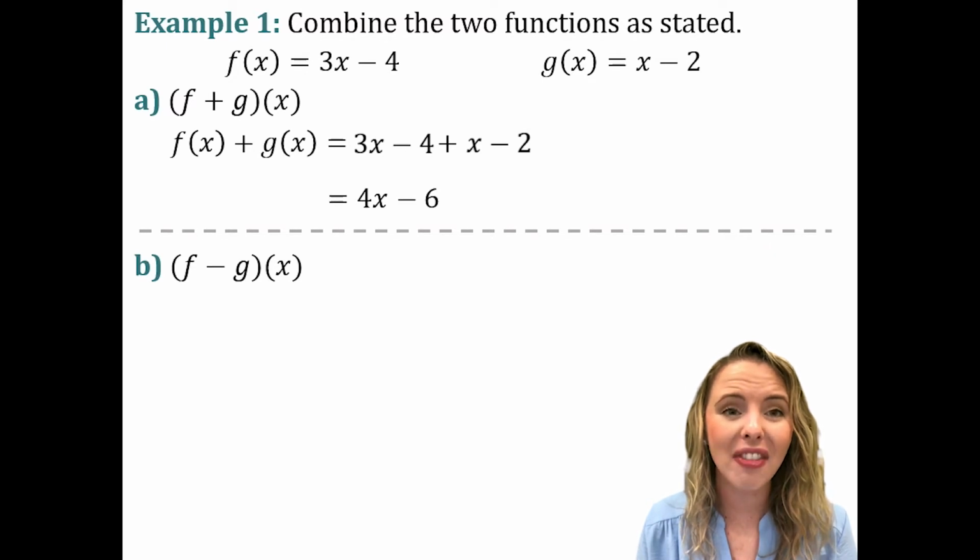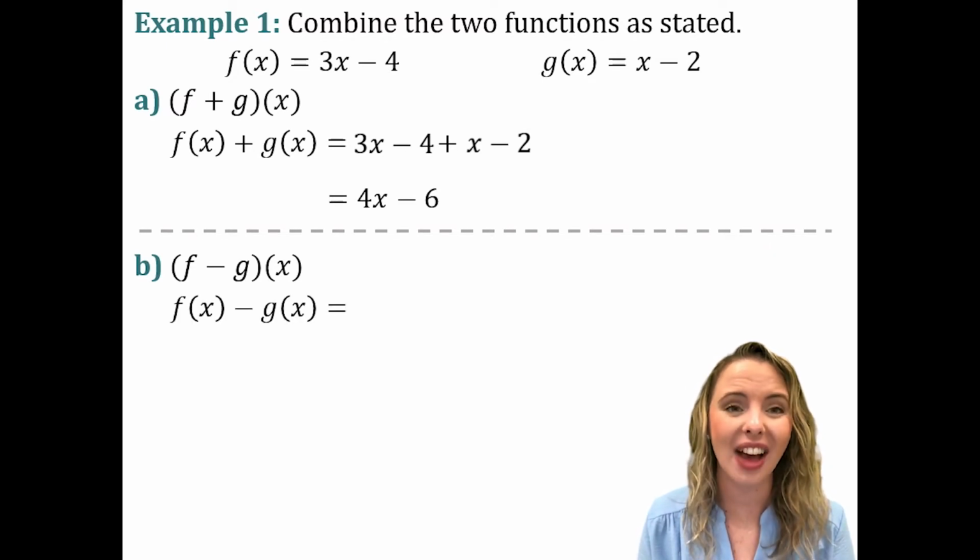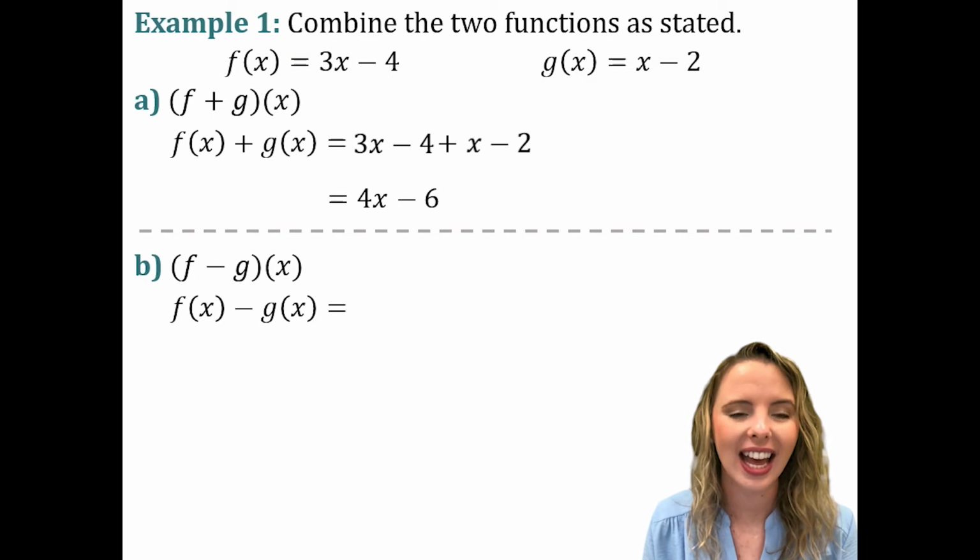Okay, f minus g of x is the same thing as f of x minus g of x. Still, f of x is 3x minus 4. Now we have a minus, and g of x is still x minus 2.